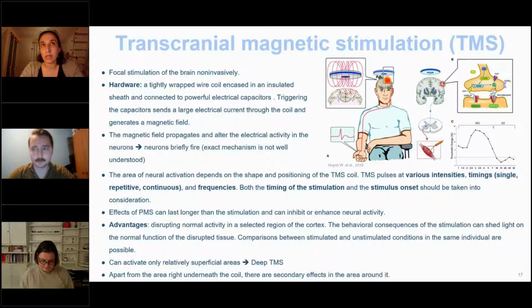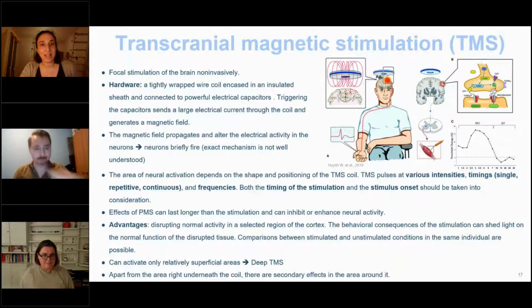Personally, I know doctors that offer TMS as a cure for Alzheimer's disease effects. And that's what I have on TMS. I'm not really sure if it's clear how it works, but basically what you have to take from all of this is that we stimulate neurons using a magnetic field.